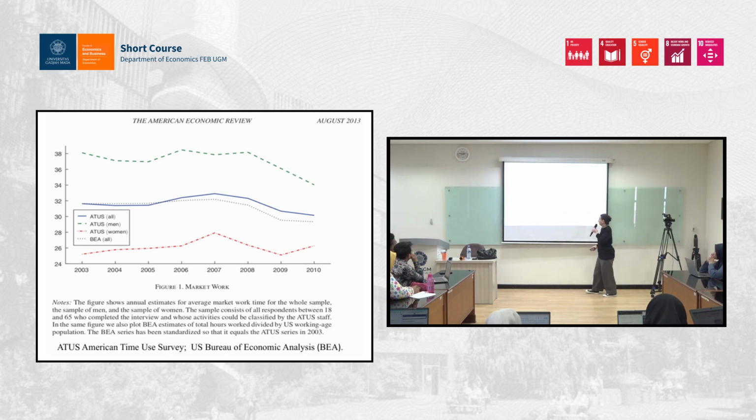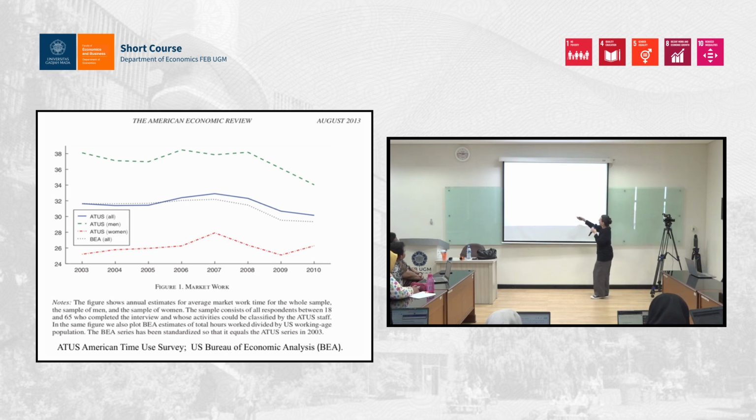And then they compare different sources, the American Time Use Survey with other Bureau of Economic Analysis sources, because what is the purpose of this picture? They want to show that the data that they take from the Time Use Survey, from these diaries, are comparable to the national statistics on the hours worked. Okay?